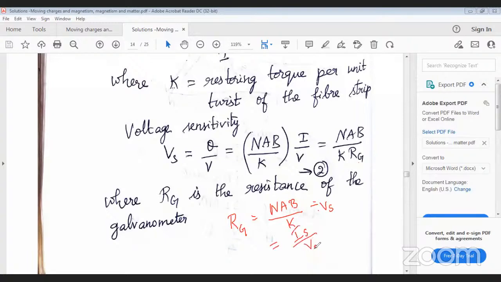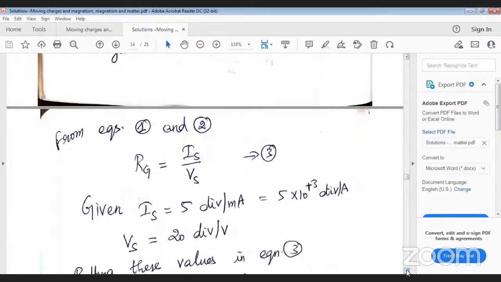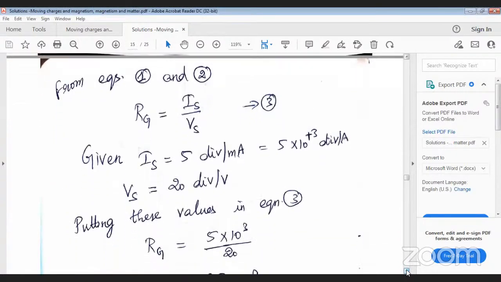So IS by VS is nothing but the resistance of the galvanometer. So resistance of the galvanometer equal to current sensitivity by voltage sensitivity.